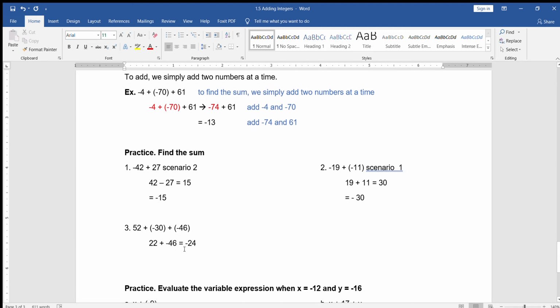So your answer is negative 24. Hopefully you guys did it. If you didn't know how to do it, again, refer back to this example. Just kidding, we're gonna do this together.